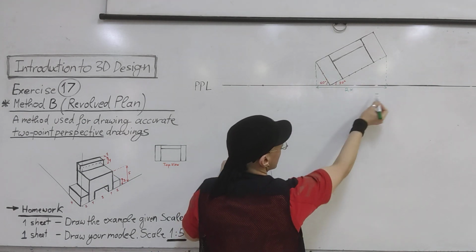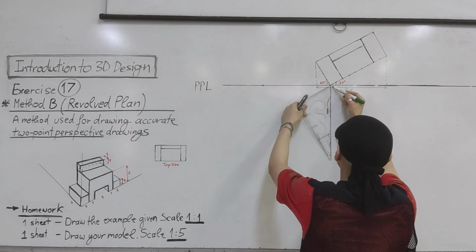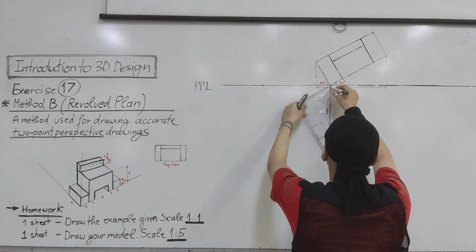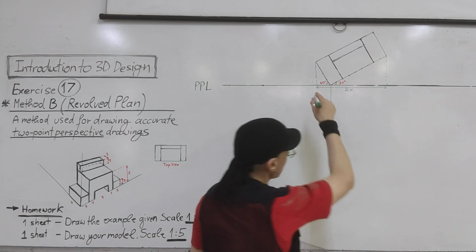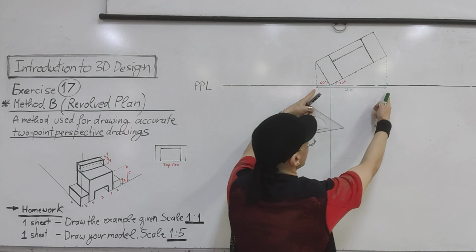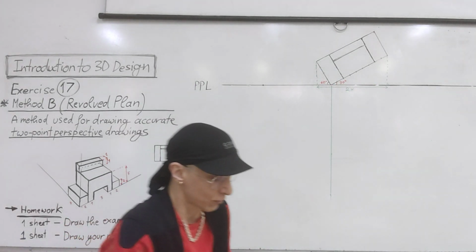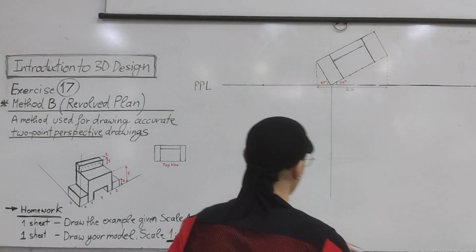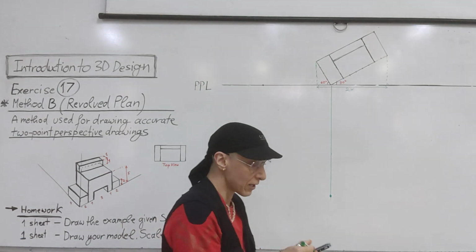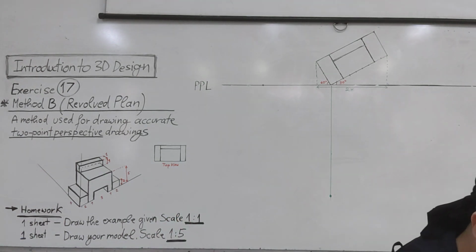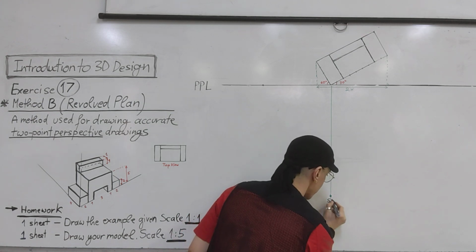You place a straight line, you measure, then you will put a straight line down. So this distance times 2, wherever it is, okay? This is going to be the station point. So this is the SP here.